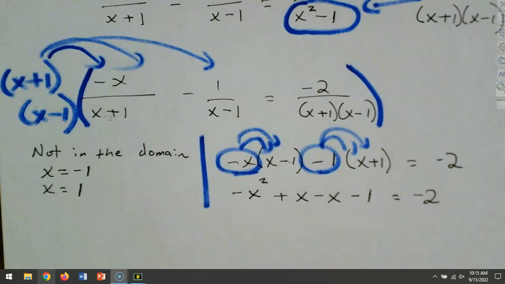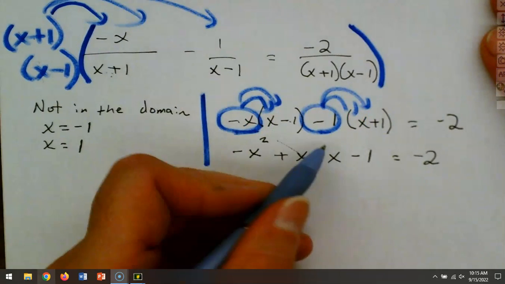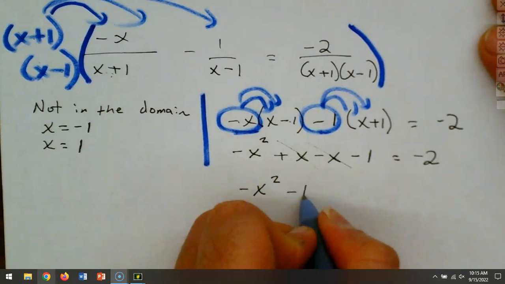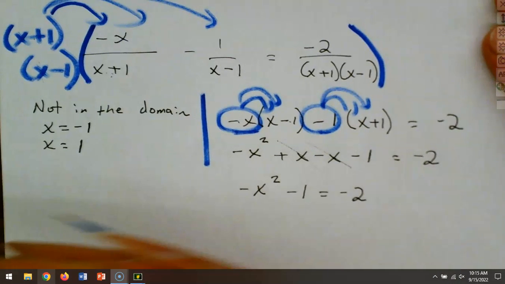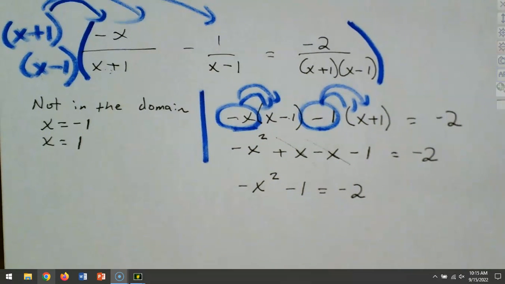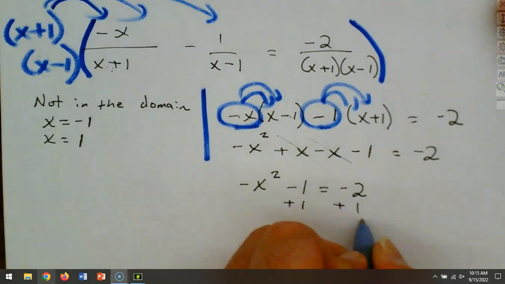What's going to happen here? Okay, so I distributed that negative x through, and I distributed the negative 1 through. These can cancel. So now we've got a minus x squared minus 1 equals minus 2. So I can finish this. I'm going to use my square root property. So I'm going to add 1 to each side.